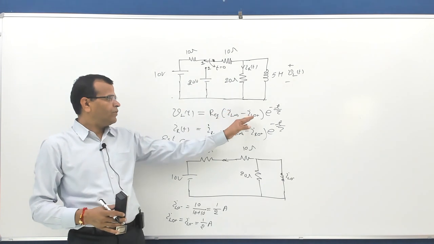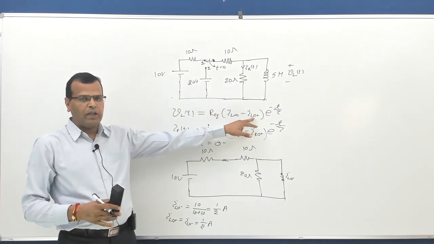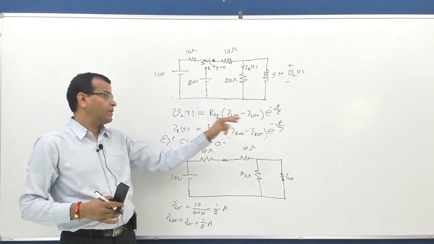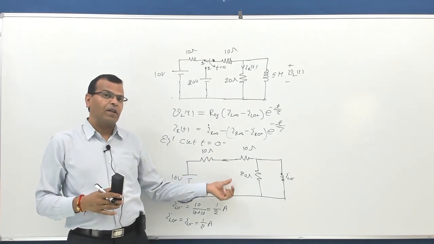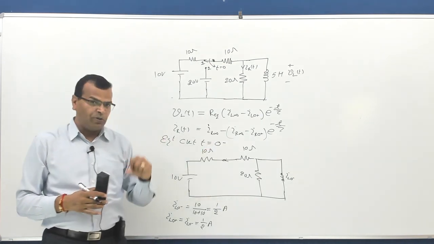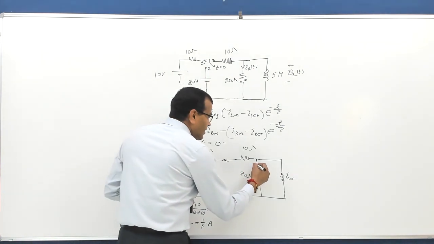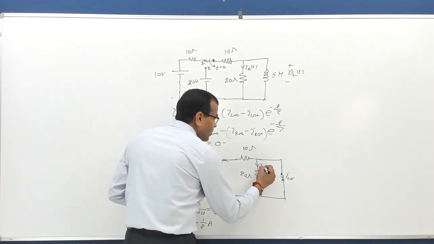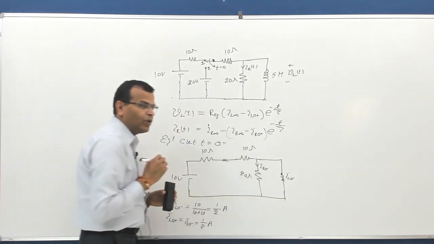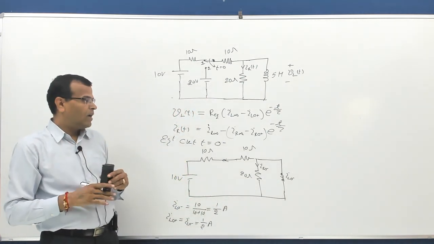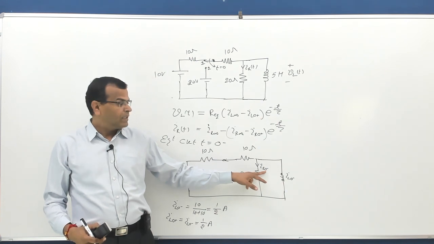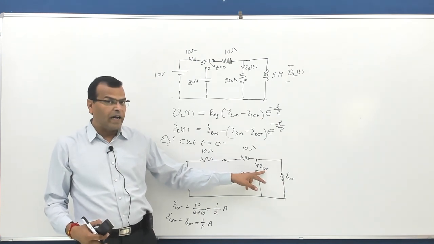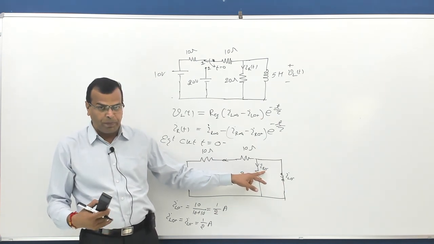So out of these parameters I have calculated IL 0 plus, but remember this is the circuit for t equal to 0 minus. This is current through the resistance at t equal to 0 minus. Remember, I cannot take current through the resistance at t equal to 0 plus same as IR 0 minus.